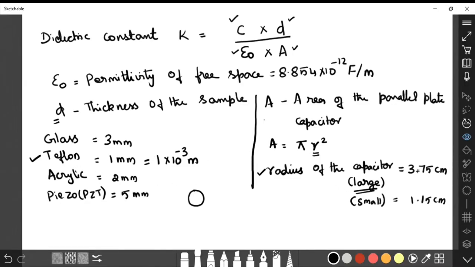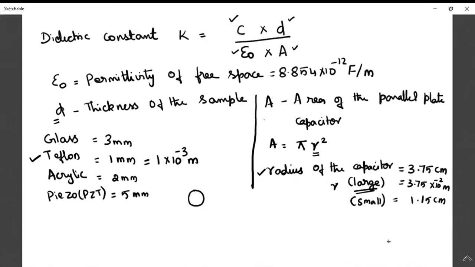What is this 3.75? It should be converted into meter. So 3.75 into 10 to the power of minus 2 meter. So this is the R value. Now find out A. A is equal to pi into R square. What is your R value? 3.75 into 10 to the power of minus 2, whole square.